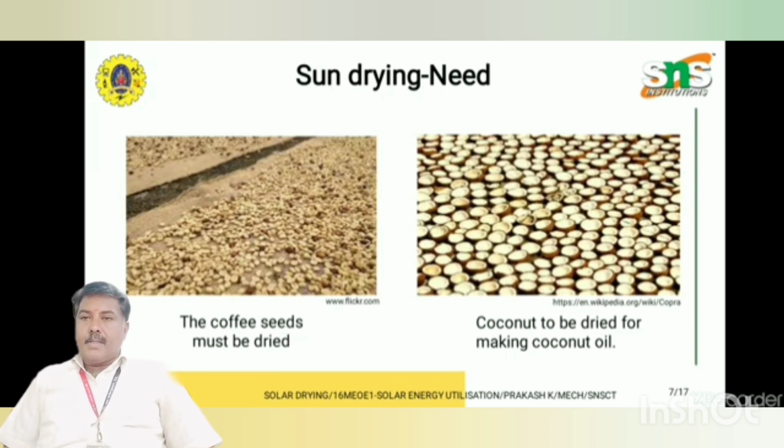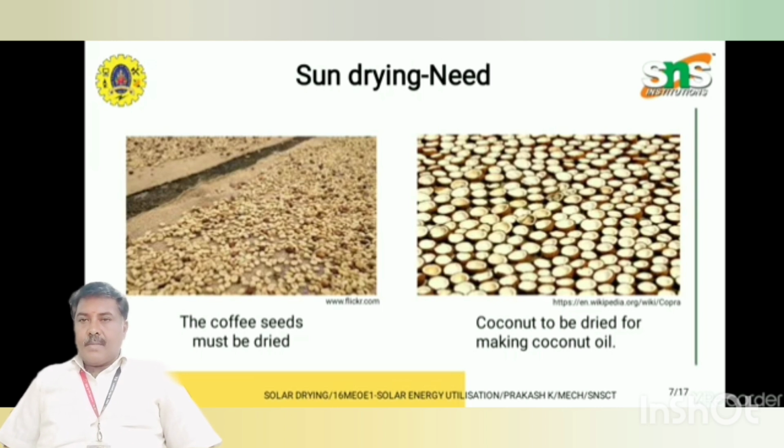So ordinary sun drying is not enough to dry these products. It takes many days to dry the products. So these are all the difficulties in sun drying.